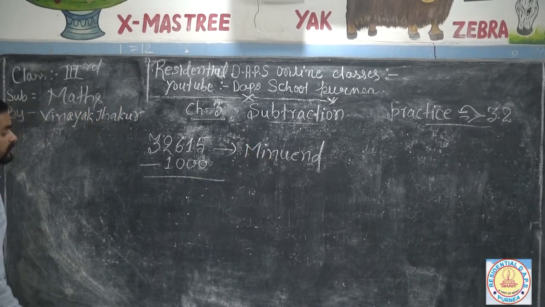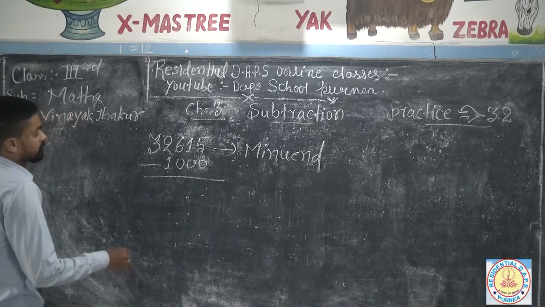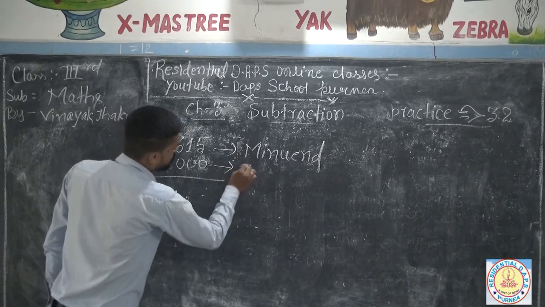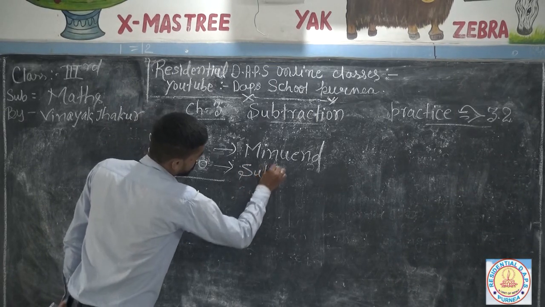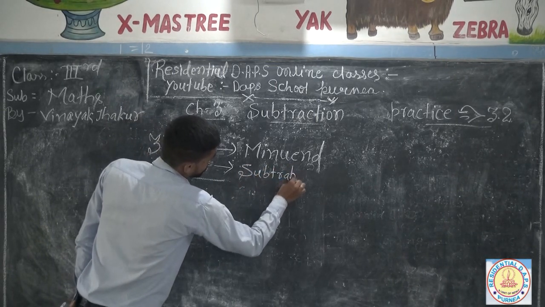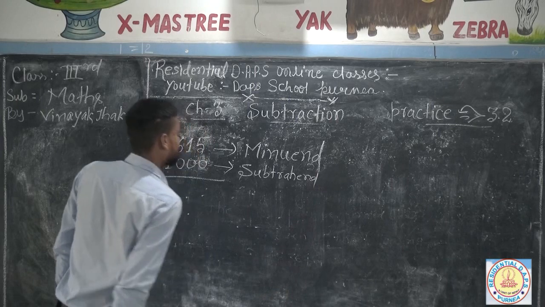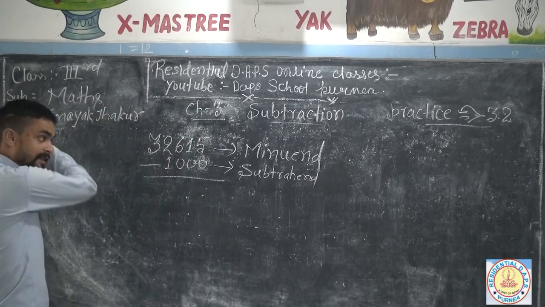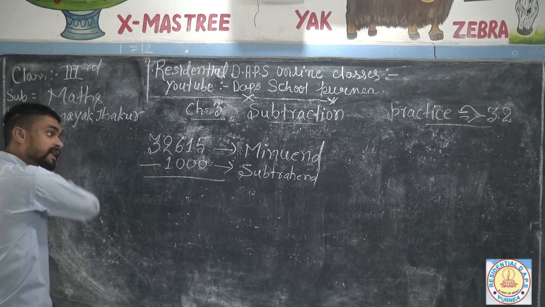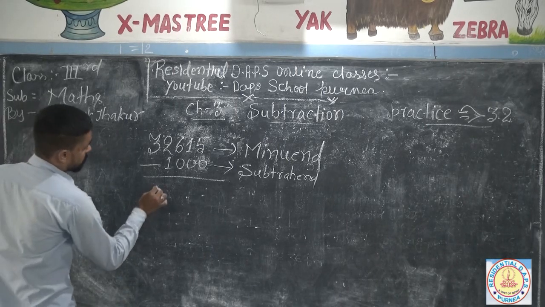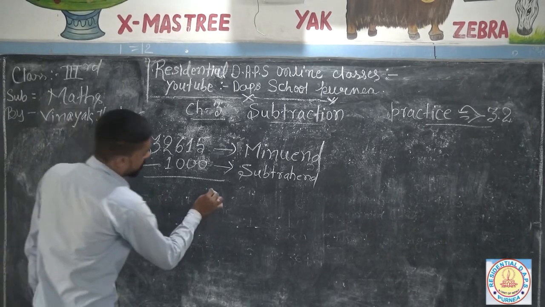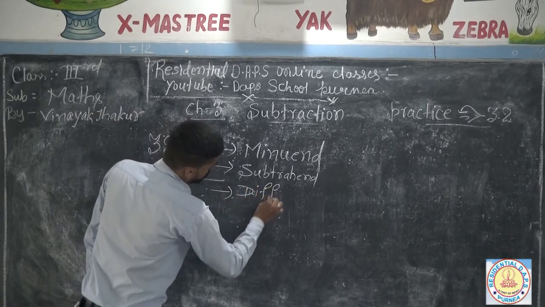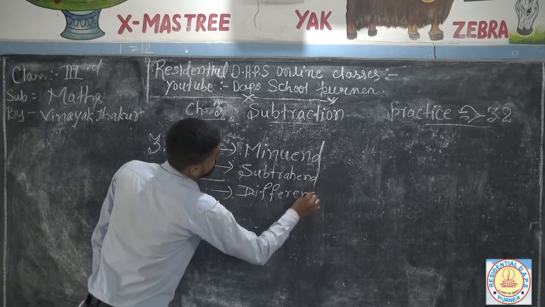The next number, which is subtracted from the minuend, is the subtrahend. And when the number is subtracted from the minuend, you find the difference. This is known as the difference.